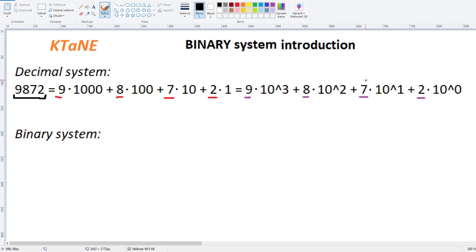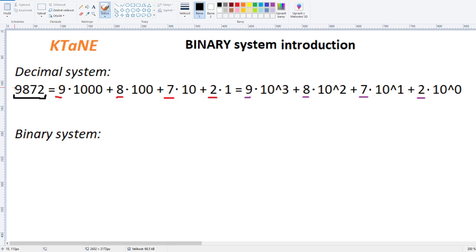Also, we're using the base of the system, which is the number of digits in the system. So in binary we are using powers of 2, in decimal we are using powers of 10, in hexadecimal we are using powers of 16, and so on. I've written down an example of a number in the decimal system, 9872, and we can factor this number out into a sum of products of the digit in each position and the power of the base corresponding to that position.